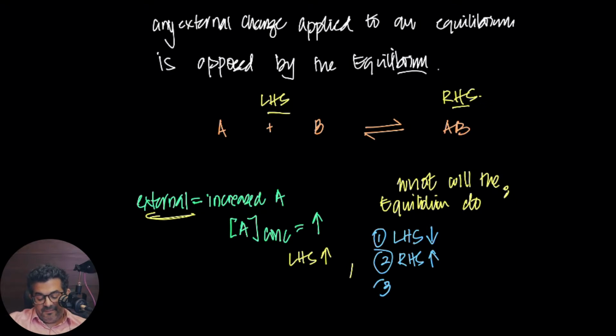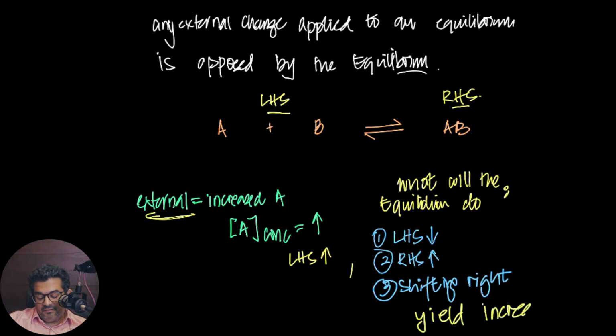That is by shifting right. And by shifting right, it has made more of AB, which means the yield will also increase.